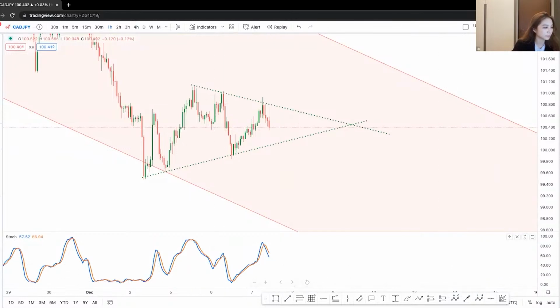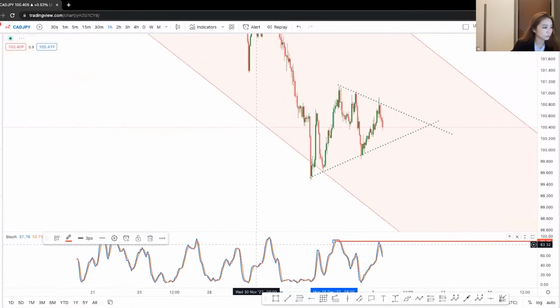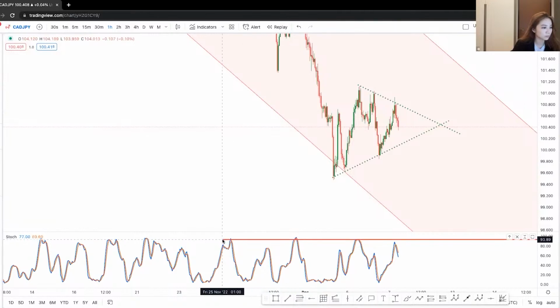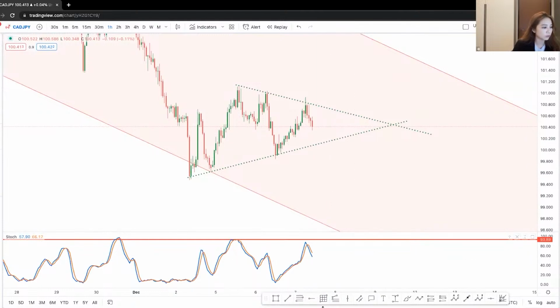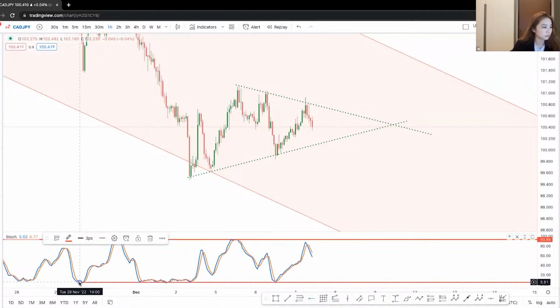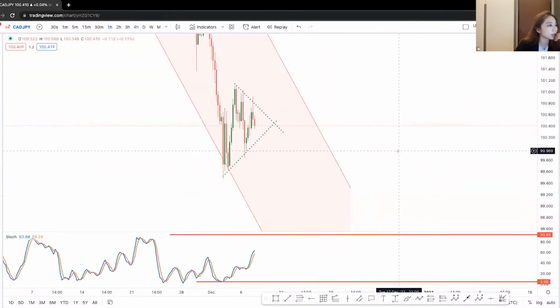Interesting. Looks like it's more of a downfall for the short term, and it has stopped a bounce up over here. Cat yen is pretty odd. Let's look at H4 instead.